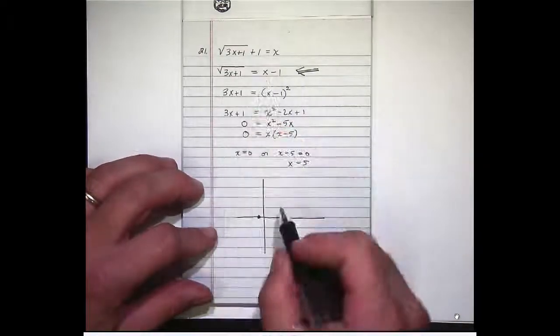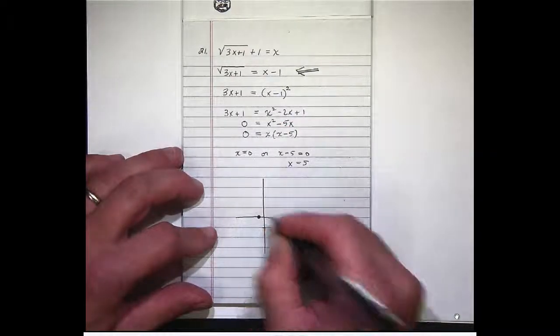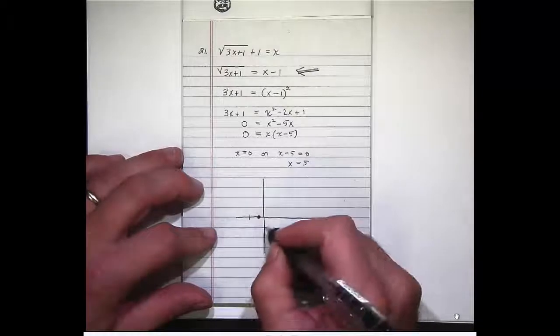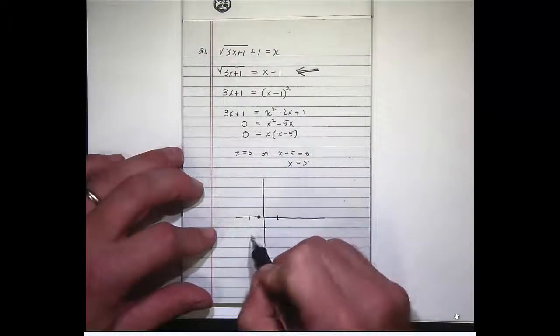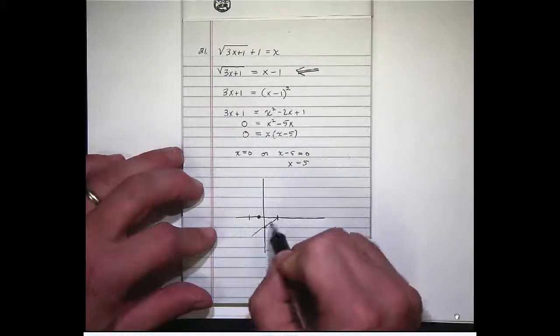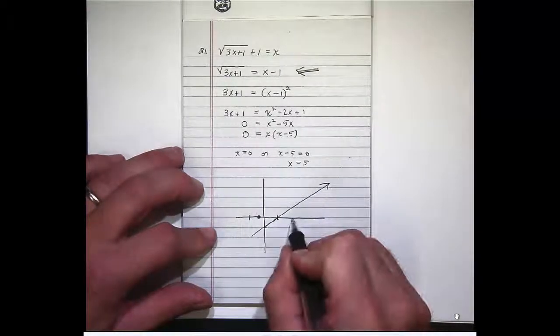This one here is a linear equation, which starts at -1 and has a slope of 1. So maybe it looks like this.